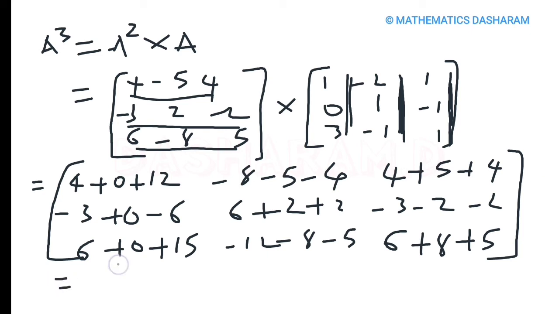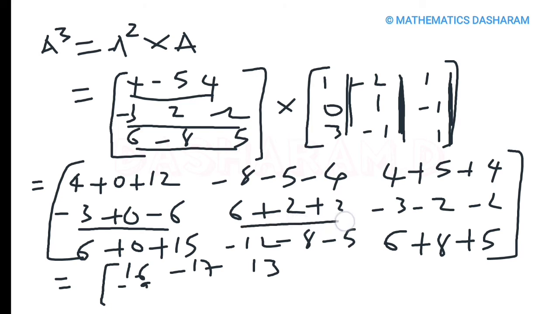So it equals 4 plus 0 plus 12 is 16, minus 8 minus 5 minus 4. Minus 8 minus 5 is minus 13, minus 13 minus 4 is minus 17. 4 plus 5 is 9, 9 plus 4 is 13. Next, minus 3 plus 0 plus minus 6 is minus 9.